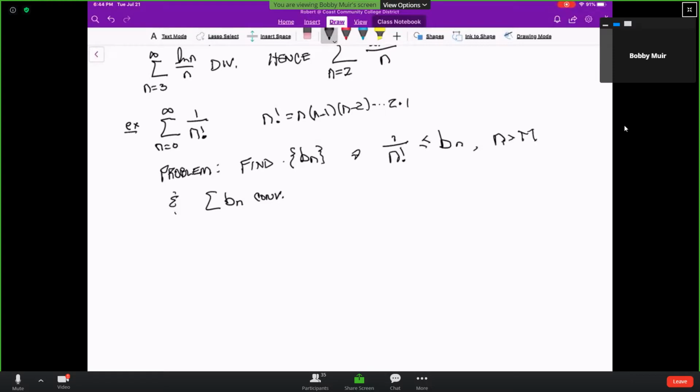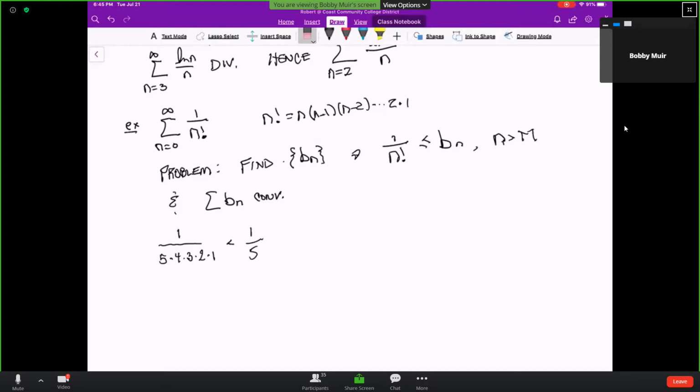So what do you think? If I look at 1 over 5 factorial, 5 times 4 times 3 times 2 times 1, I guess we could say that that's less than 1 over 5, and for that matter 1 over 6, the next one 1 over 7.